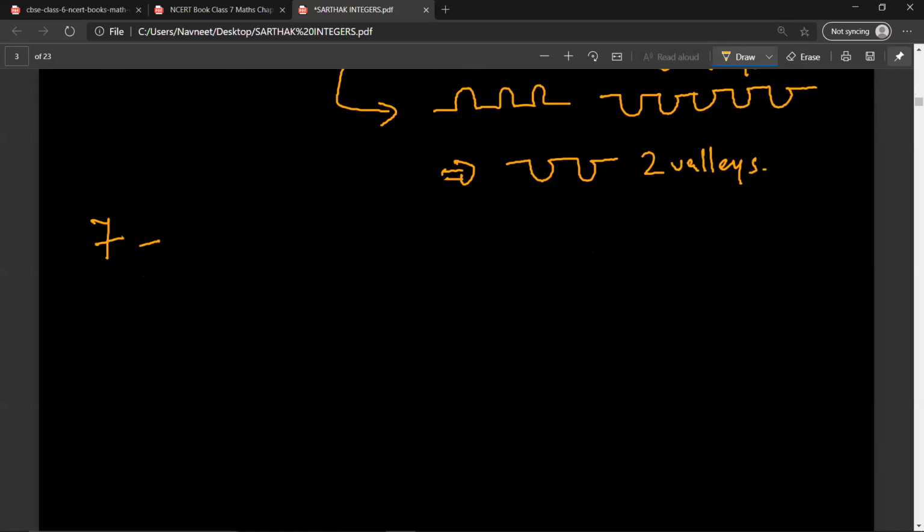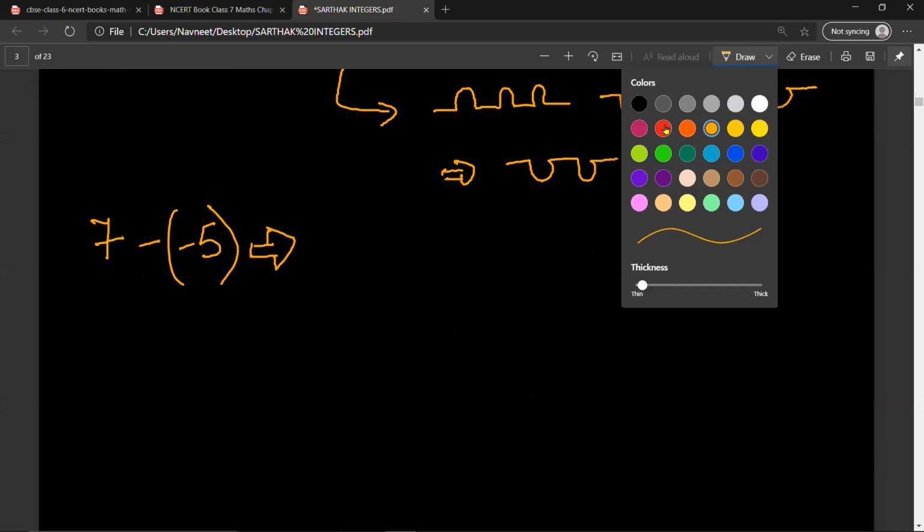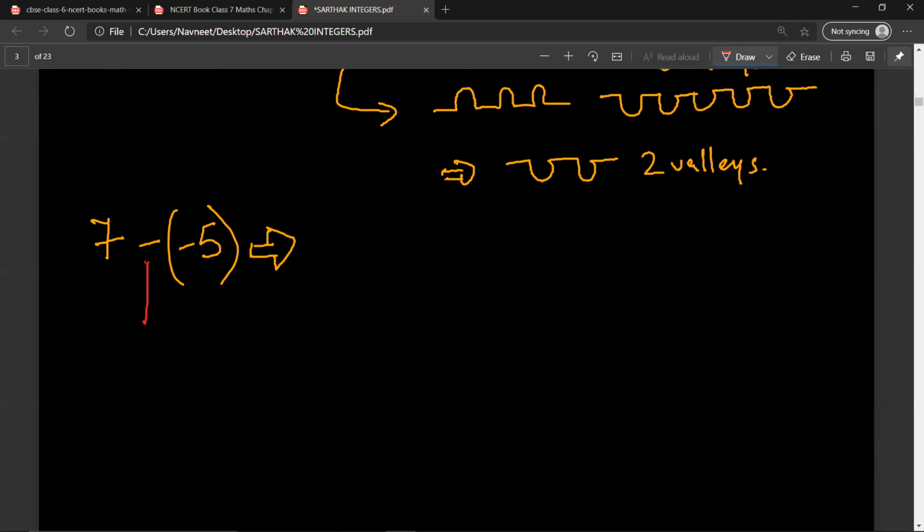For example, there is 7 minus minus 5. Again, there is a minus outside the bracket. Whenever there is a minus outside the bracket, the sign of the number inside the bracket changes.